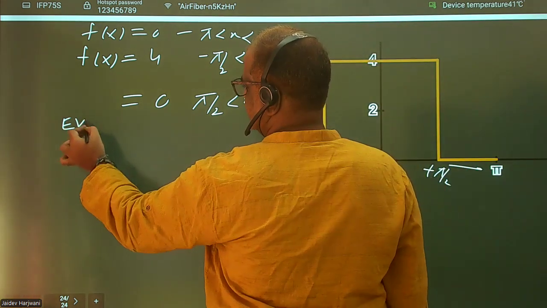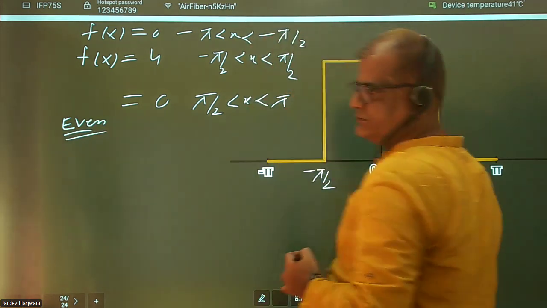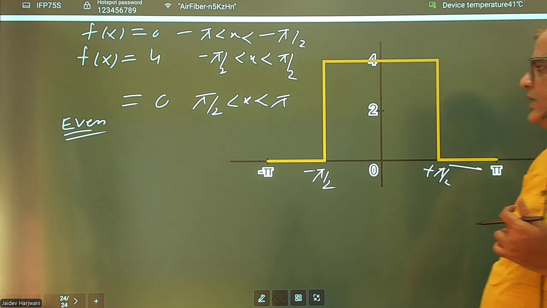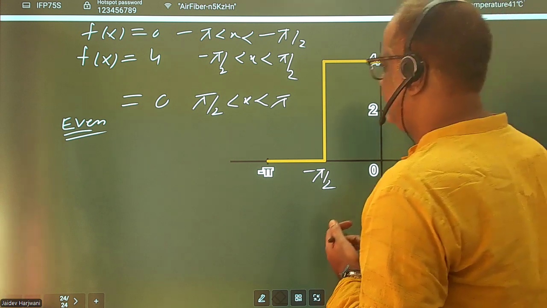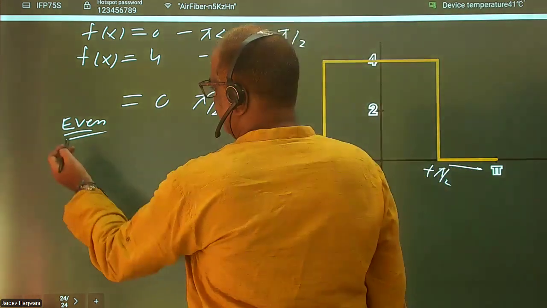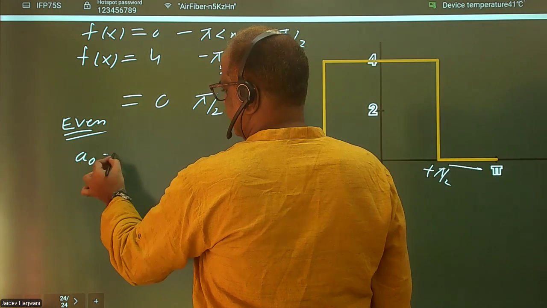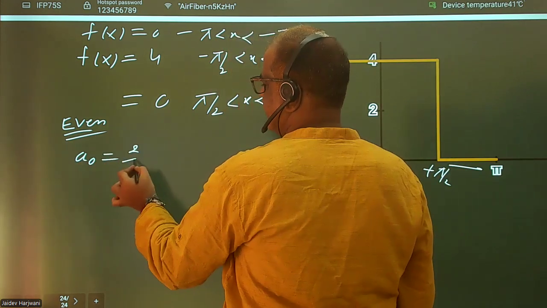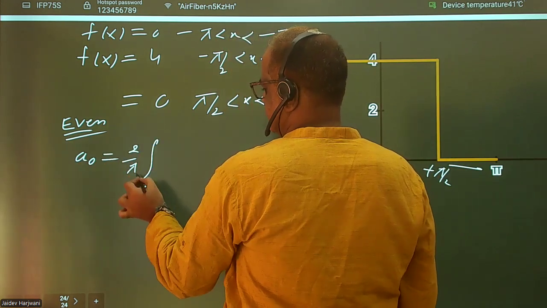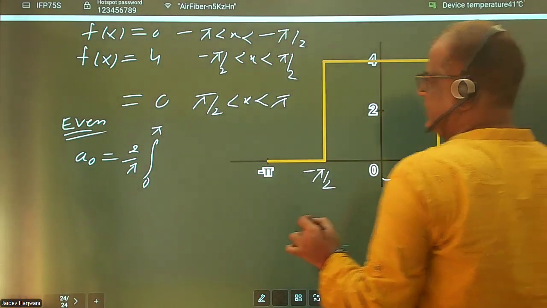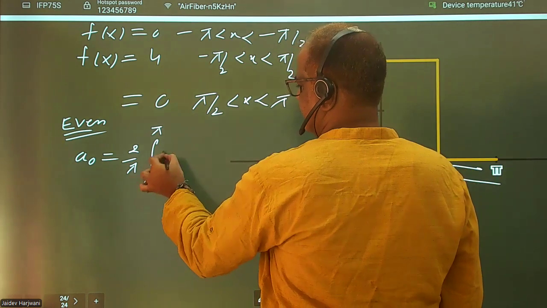This is the even function. Now I only have to calculate A0, so A0 will be 2 upon pi, integral 0 to pi, f(x) dx.